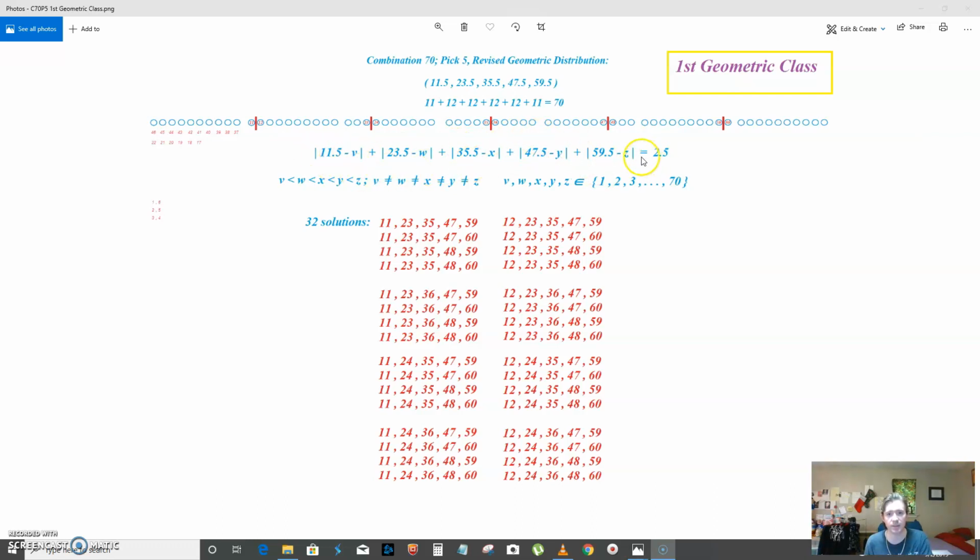And this equation here has 32 solutions. So if you just look, it's 2 times 2, 4, 8, 16, 32.